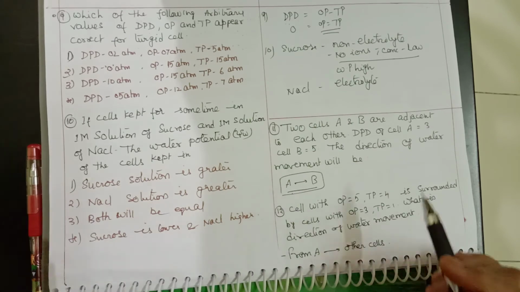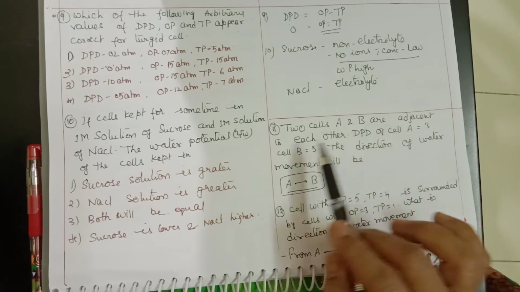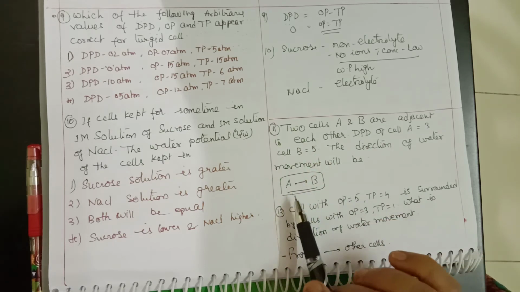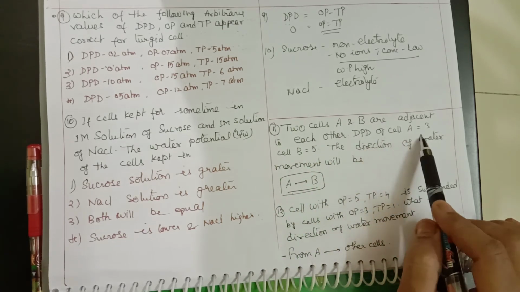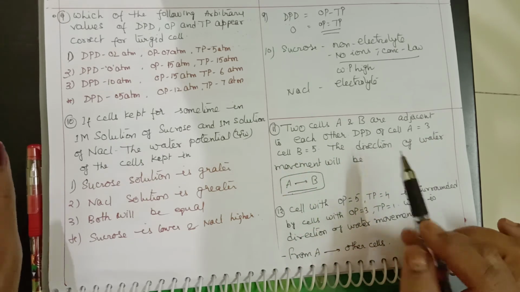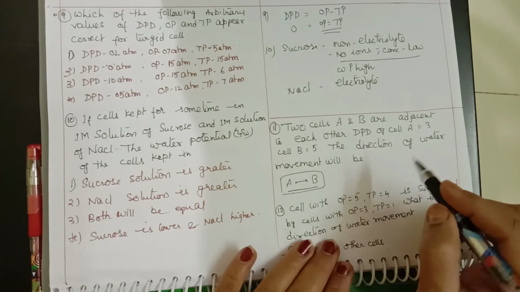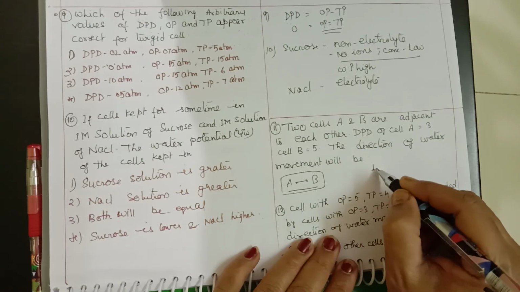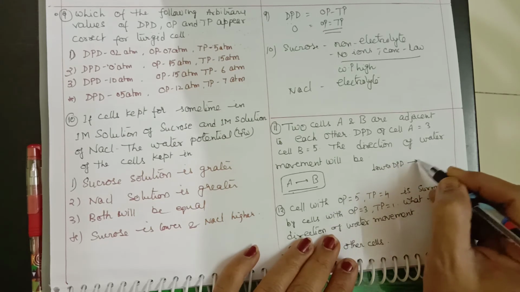Two cells A and B are adjacent to each other. DPD of cell A is 3, cell B is 5. What is the direction of water movement? A simple question. You know that in case of DPD, water will move from a region of lower DPD to higher DPD.